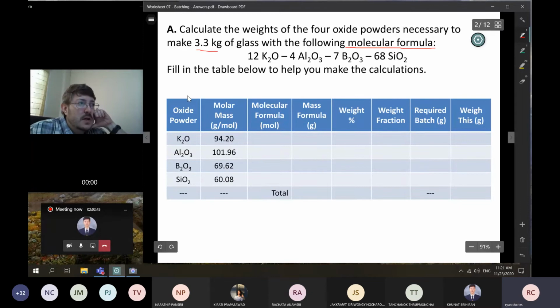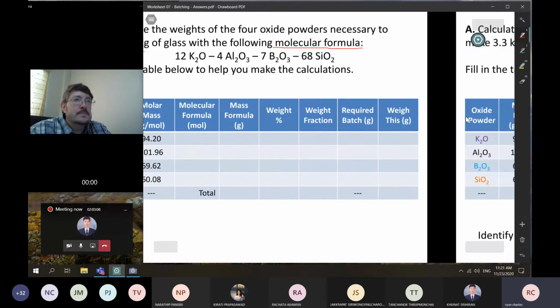All right. So oxide powder: potassium, alumina, boron, silica; molar mass, grams per mole of this oxide; molecular formula, mass formula, weight percent, weight fraction, the required batch amount, and what we would finally weigh out to batch this so we could melt it.